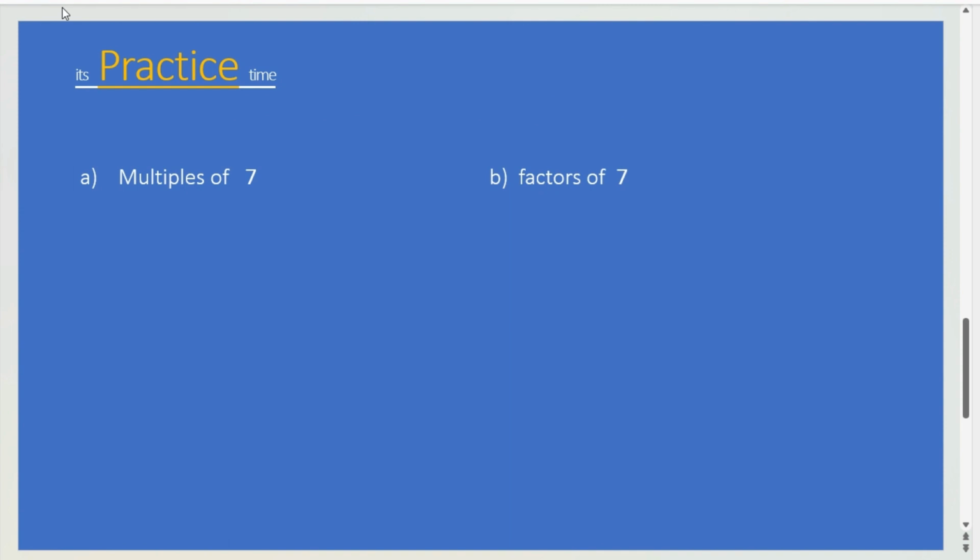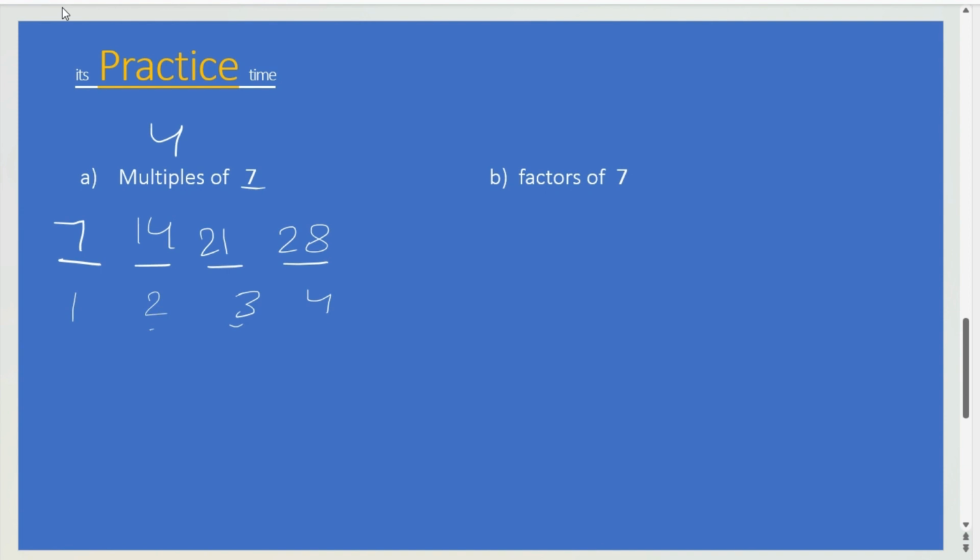Okay, multiples of 7. So I'm going to find the first 4 multiples of 7. What I like to do is make 4 lines or 4 spaces and then label. And then just multiply. 7 times 1, 7. 7 times 2, 14. 7 times 3, 21. 7 times 4, 28.